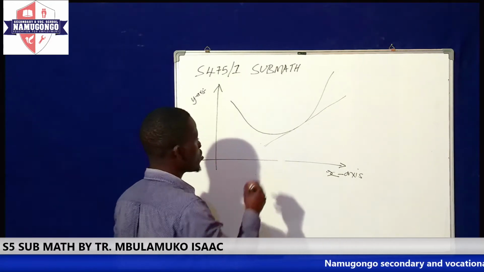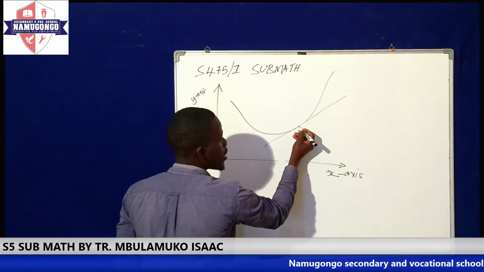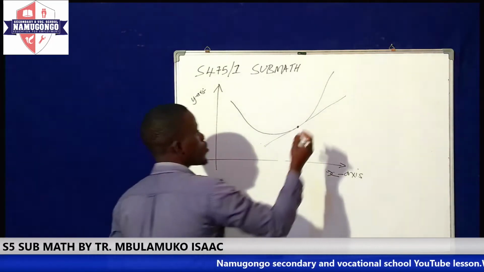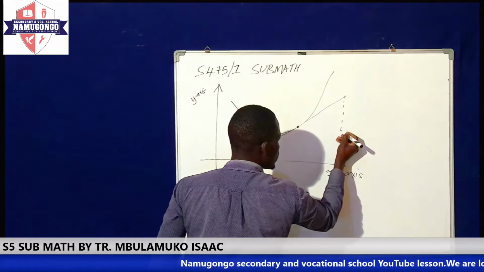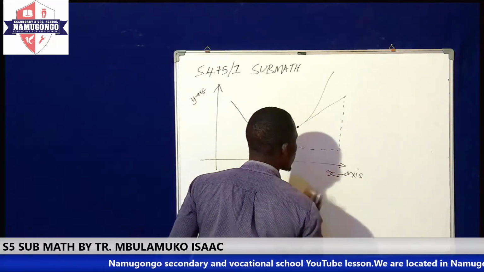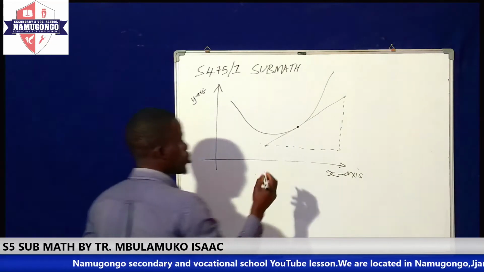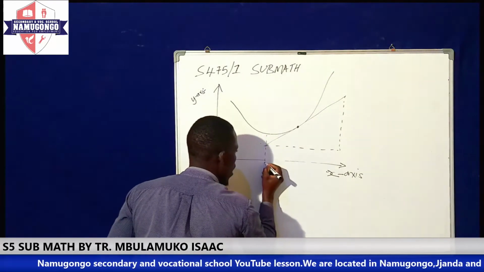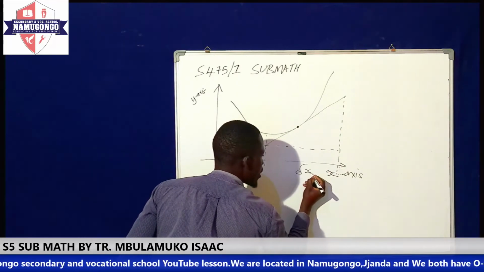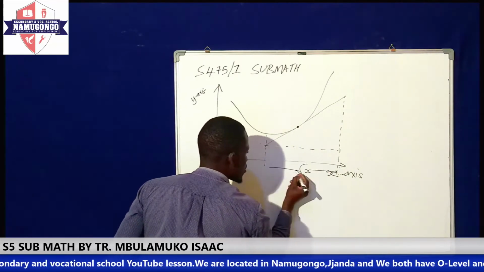So in other words, we have this line passing through a point on a curve, and we form what we call our slope. From here up to here we have a change in the x-axis.